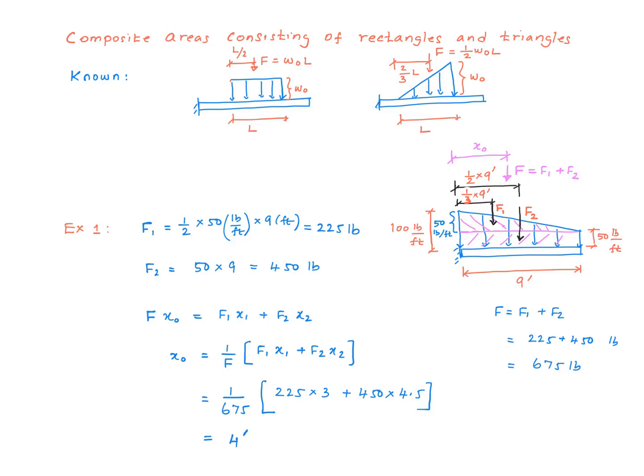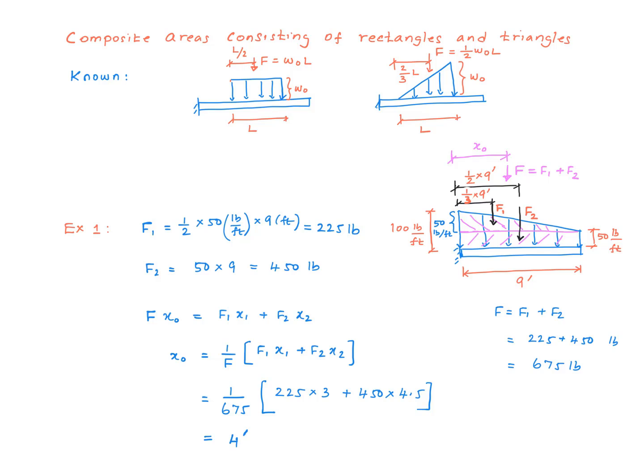So you simplify that, you come up with 4 feet. In other words, the resultant force corresponding to this trapezoidal distribution acts at a distance of 4 feet from the left end of the distributed load.